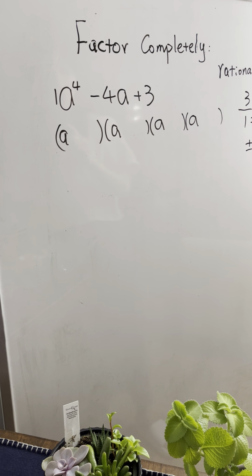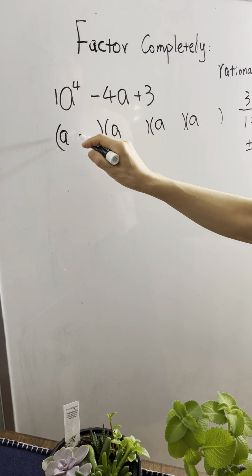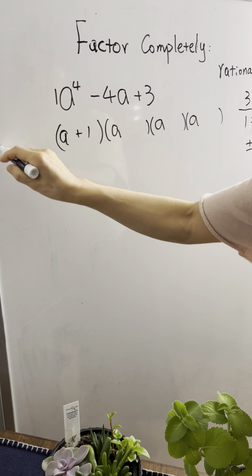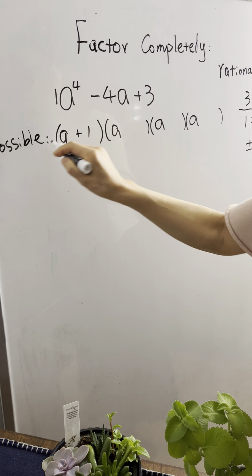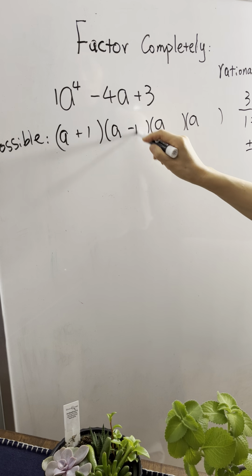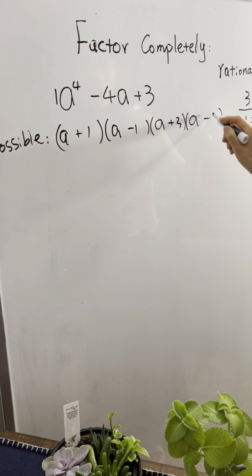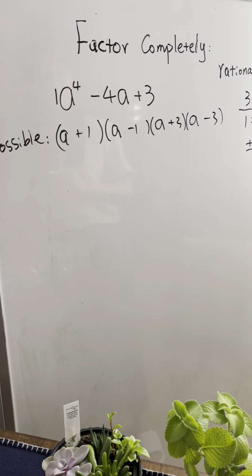So we have 4 possible roots: a plus 1, a minus 1, a plus 3, a minus 3. Possible roots.